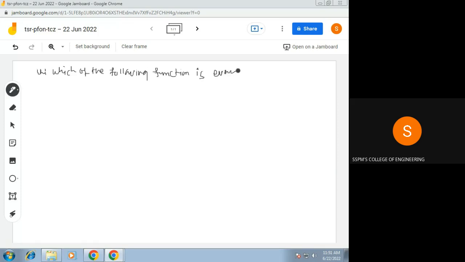Which of the following functions is even? So functions are given.